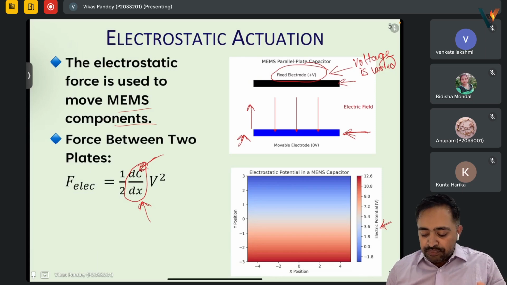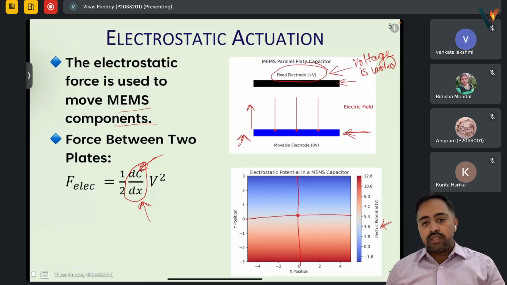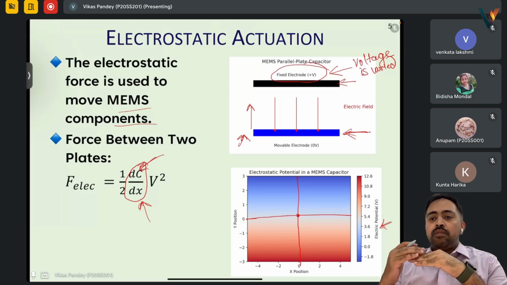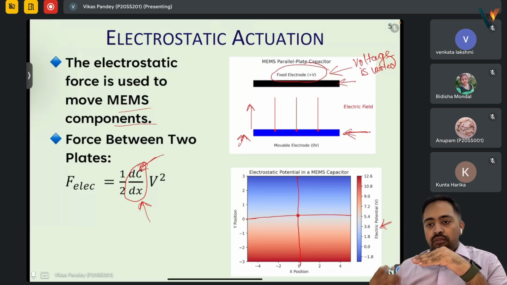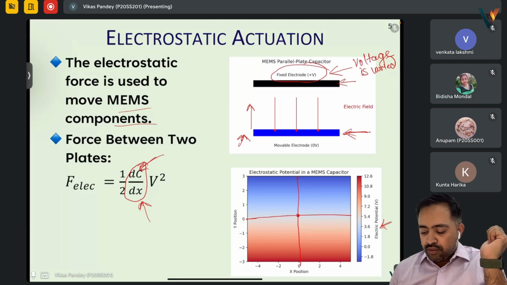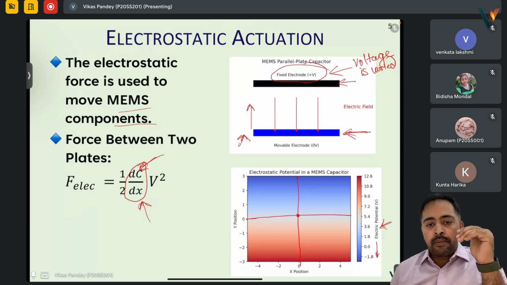We are defining one mean position, x and y position. This is the mean position, from where we say that it is moving closer or away. To move it closer, we put some lower voltages.